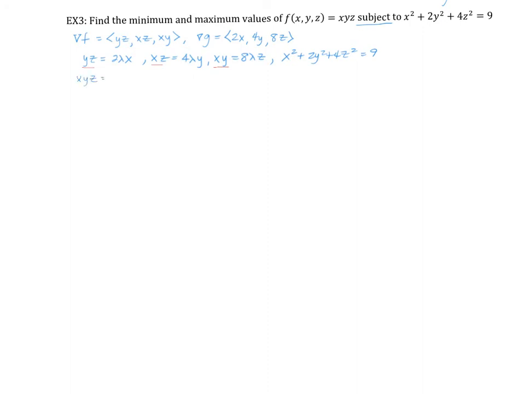Now remember, this is not the only way to solve. I'll end up with 2 lambda, forgot my 2 lambda, of x squared. And then xyz gives me 4 lambda y squared. xyz gives me 8 lambda z squared.